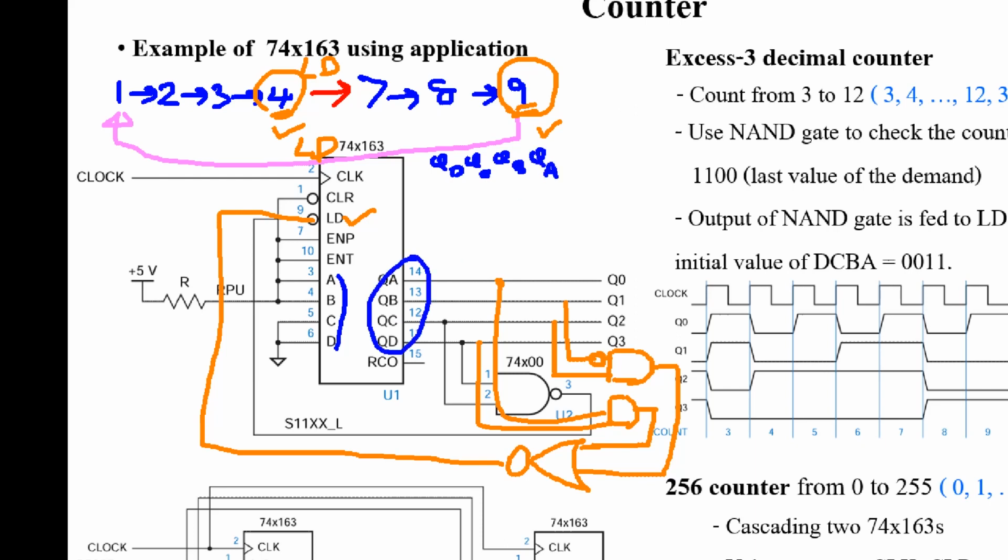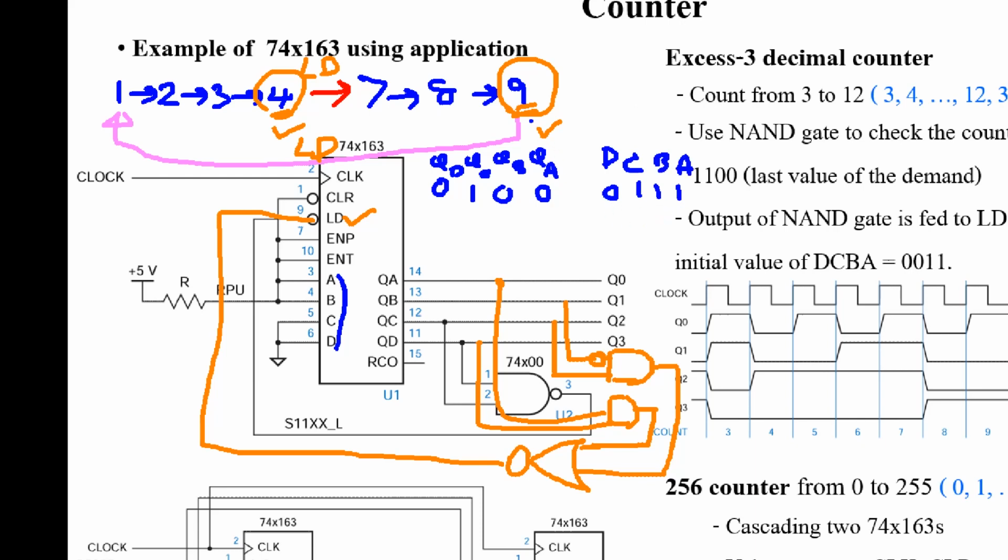This is 4, so it's 0, 1, 0, 0. The next state you want is 7, right? 0, 1, 1, 1. That means the value of DCBA must be 0, 1, 1, 1.